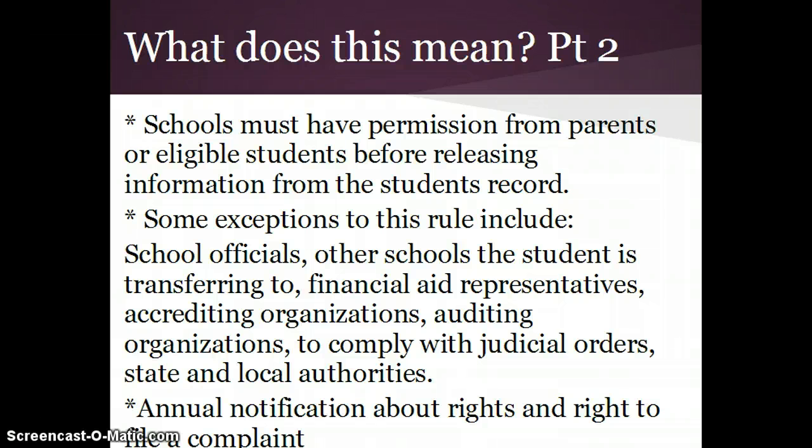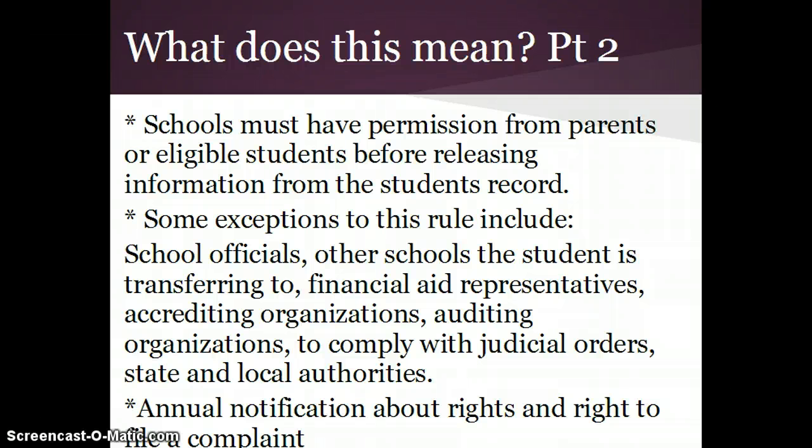If a student is transferring to another school, the other school can get those records. Financial aid representatives, particularly that has to do with college, accrediting organizations, auditing organizations that work for the school district. Also, if there's a judicial order or state or local authorities request to see this information, the school can show them that information.